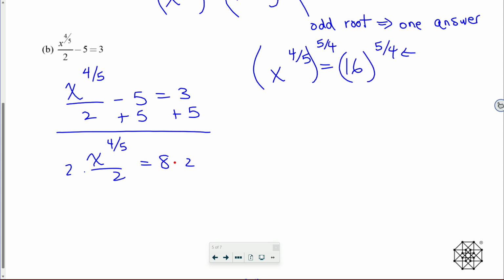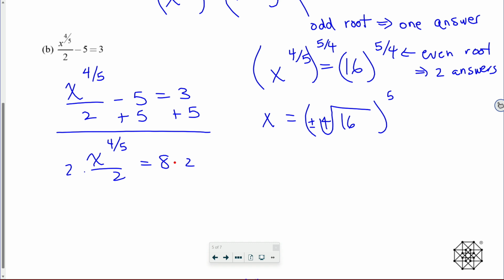We've got an even root. So that's going to be 2 answers. And in fact, right, we'll get x to the first is equal to, let's think about this, plus or minus the 4th root of 16 all to the 5th.